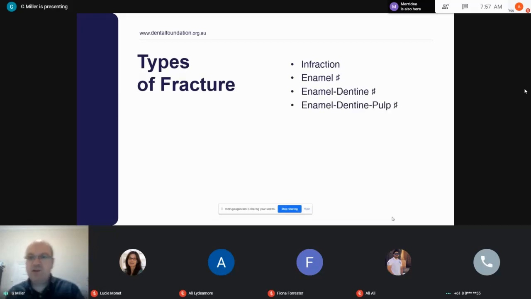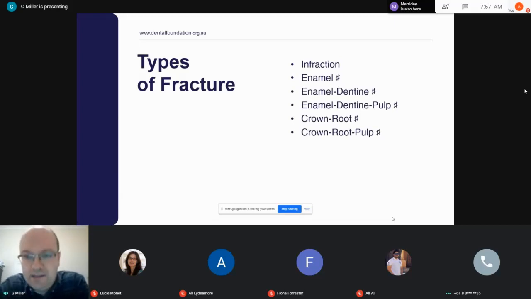Enamel dentine fractures, which again are resolved by the dentist and generally tend to cause some cold sensitivity, and what we call complicated fractures, or fractures that involve the enamel, dentine, and pulp. These will require endodontic treatment, either in the form of a pulpotomy, which is a partial root canal, or full root canal treatment.